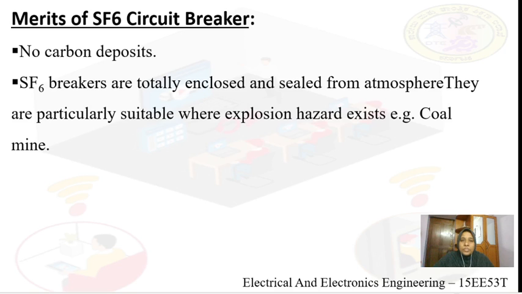It decomposes and tries to form carbon deposits on the contacts. So after your fault is cleared, when you close the contacts, because of these carbon deposits, the moving contact and the fixed contact will not make a perfect closure. There might be a small gap.